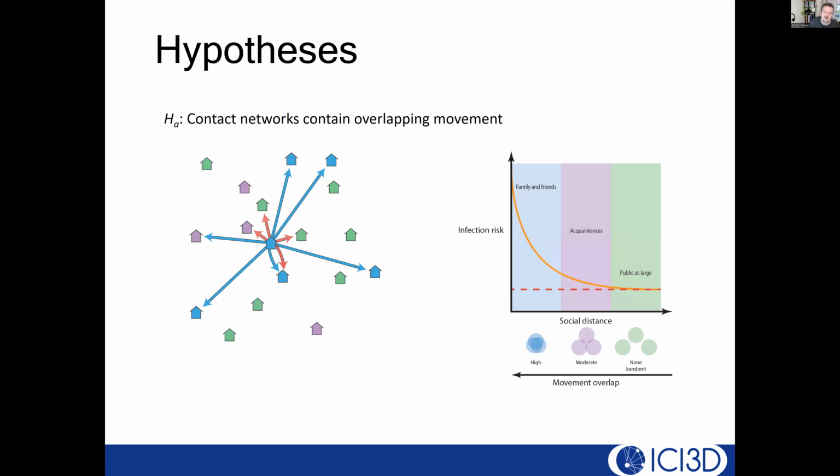Distilled into more of a conceptual diagram, if we think about the infection risk that I'm bestowing on other individuals, if those individuals are families and friends, by visiting them while I'm actively infectious, I'm likely to expose mosquitoes in their home, which is then going to increase their risk of getting infected.